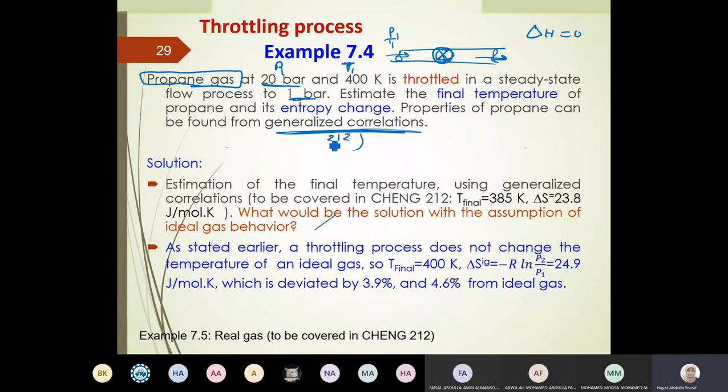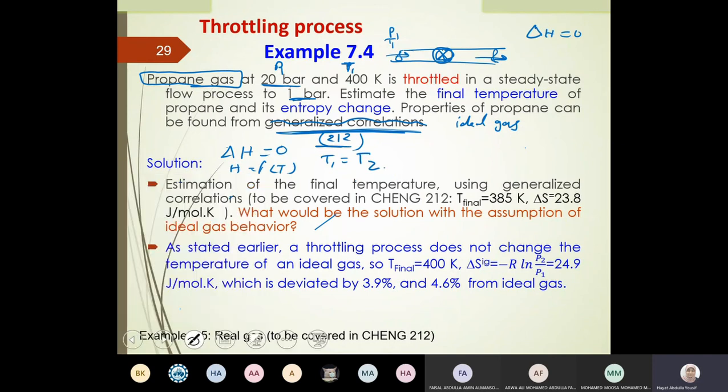Director, why are you giving us such a question here? I'm giving this question just to show you, what if I replace this by saying it's ideal gas? And you all know that if it is ideal gas, the delta H is equal to 0, H is a function of temperature only, then T1 is equal to T2. Is this what they want in the question? No, what they want in the question, they want me to calculate the entropy change.